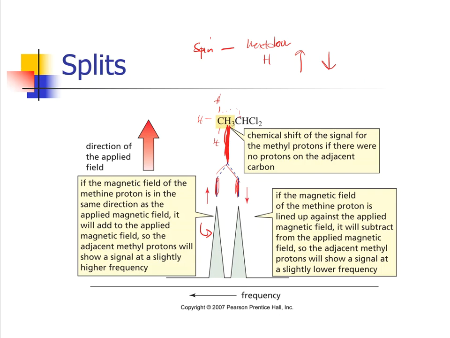Or this spin could actually counteract what we're seeing, and that spin could actually be a little bit more upfield, a little bit lower in parts per million because of that. So it's counteracting that experience or that ppm from that main signal from the CH3. So that's why splitting begins to happen.